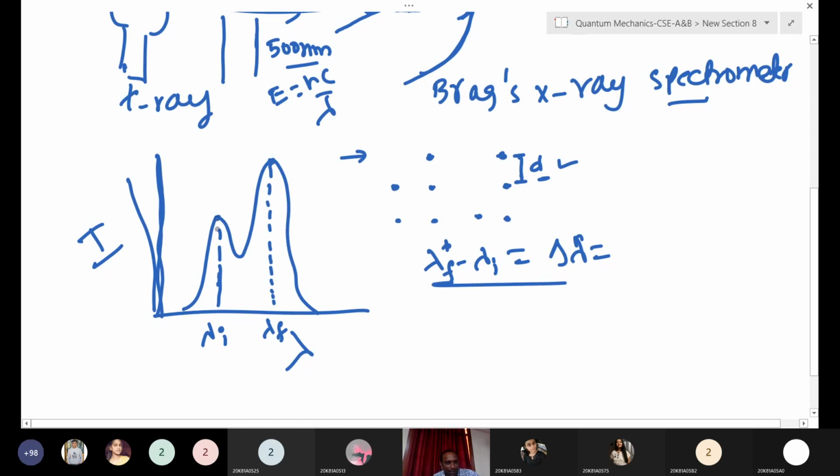Using the graph you can estimate the shift. Initially, lambda I is less. Why is it less compared to lambda f?